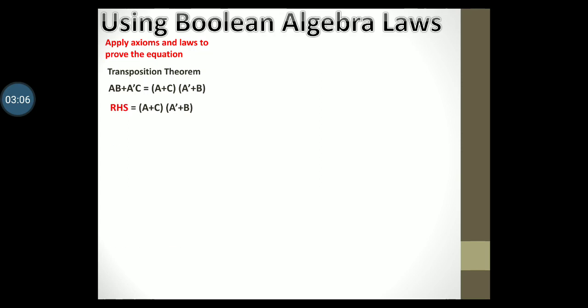Let us start with the RHS. Open out the brackets to get the equation like this. I am going to rewrite the equation so that C A bar is A bar C and CB is written as BC. I do this because I like following the alphabetic order, and this is also allowed because of the commutative law.